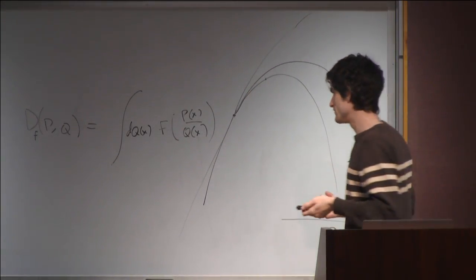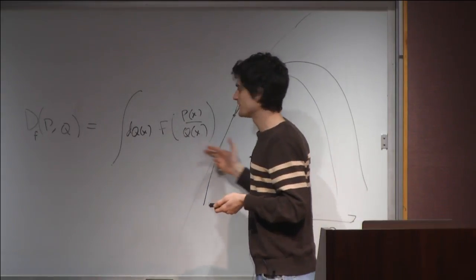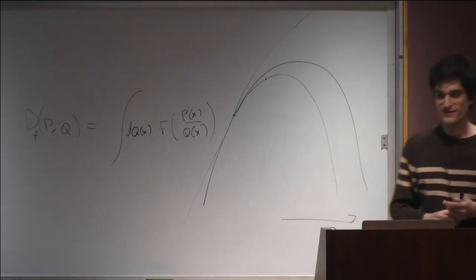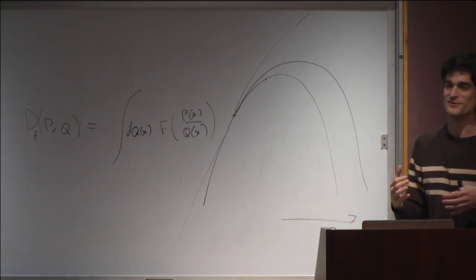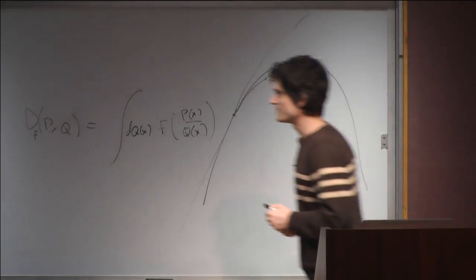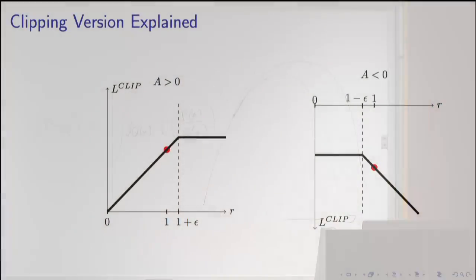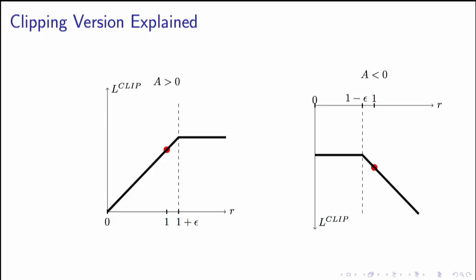So basically, if you take any convex function of your probability ratio, it'll work somewhat like a distance between distributions. So you can see with this objective, well, actually, it's concave since we're doing maximization and we're taking a concave function of the probability ratio here.